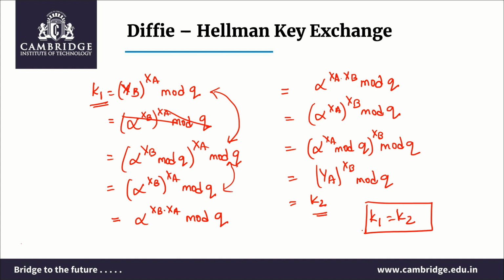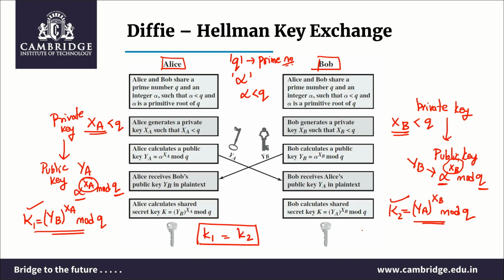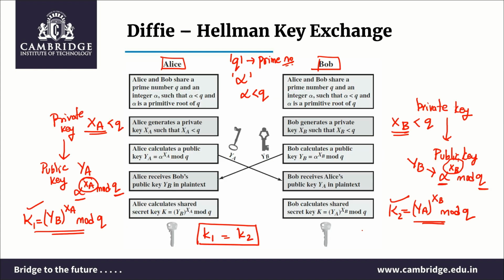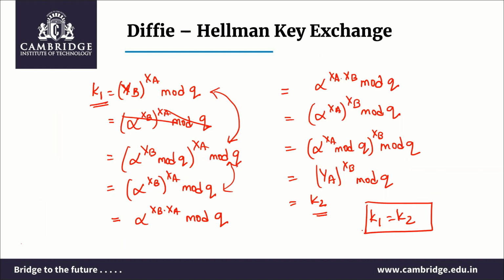This is how we say that the Diffie-Hellman key exchange has taken place. When asked in the exam, you just give a small introduction to Diffie-Hellman, explain this procedure of what is happening, and show that K1 and K2 are equal.